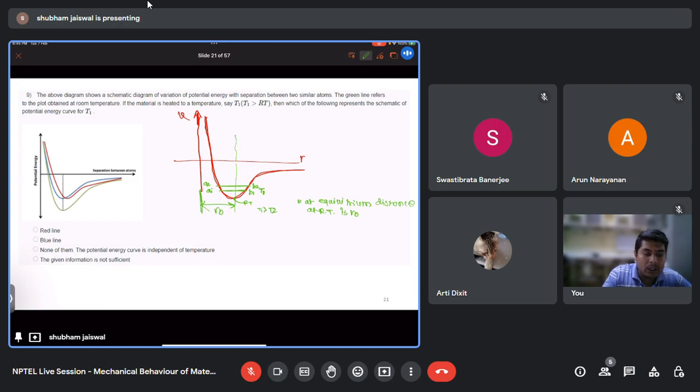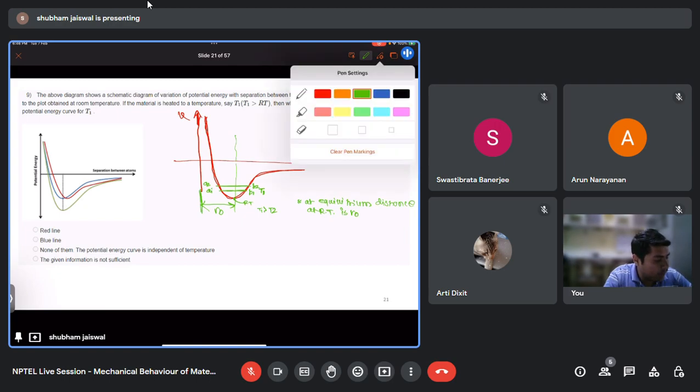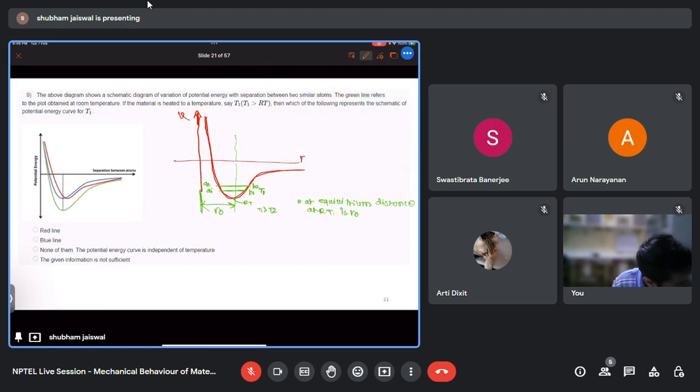When we heat the material, there are some repulsive forces and some attractive forces. But when we heat, due to the vibration, the thermal energy increases and the bond length increases. If we heat the material, it will try to expand, which means the bond length is increasing.